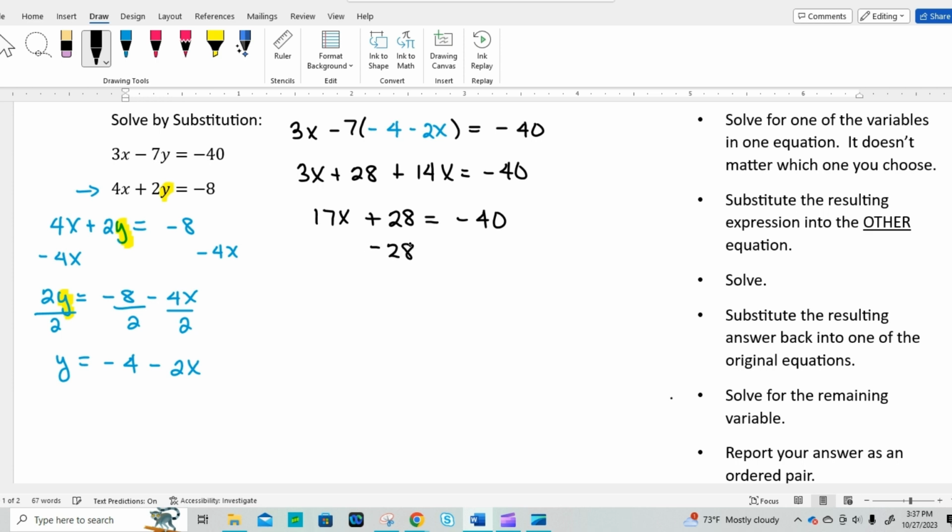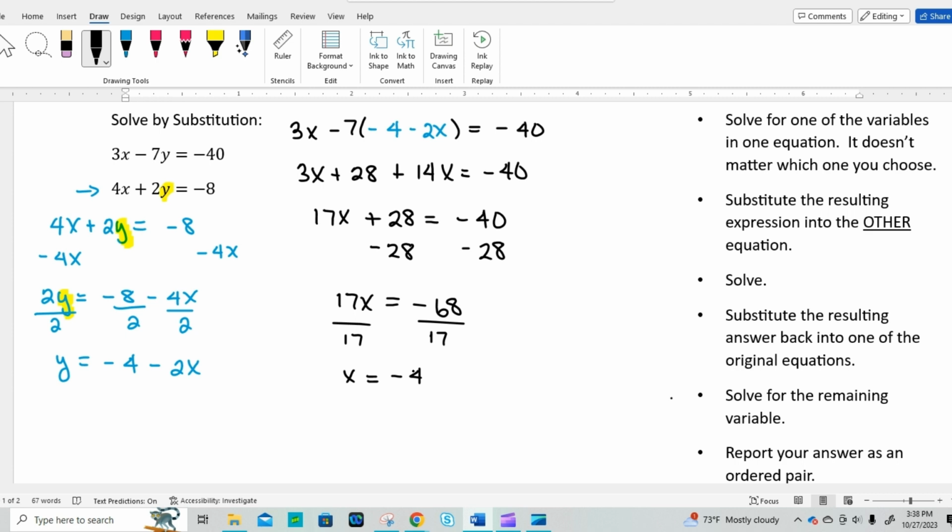I'll subtract 28 from both sides, and I will get 17x is equal to negative 68. I will divide by 17, and I will get x equal to negative 4. Okay, so that's one answer.